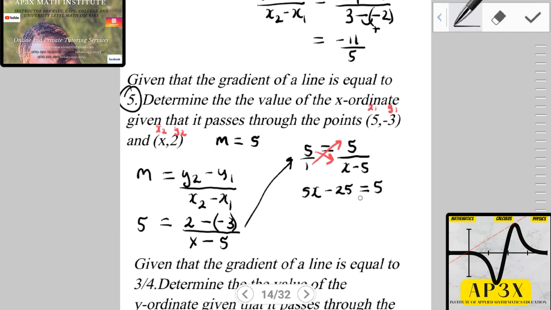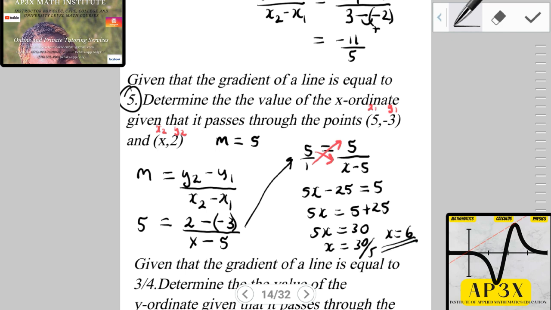Now, of course, I did a video on how to solve basic equations like this. So here, transposing negative 25, we end up with 5x being equal to 5 plus 25, so 5x is equal to 30. If we divide both sides by 5, you're going to find that the x ordinate value works out to be 6.